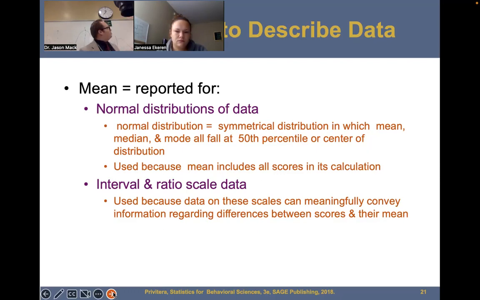There's your positive skew, symmetrical distribution, and negative skew. Hang on, I'll show you.